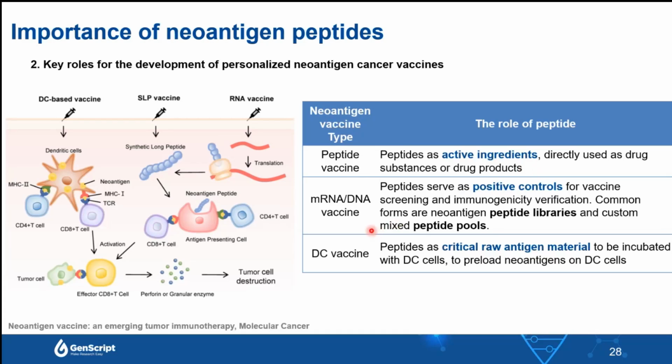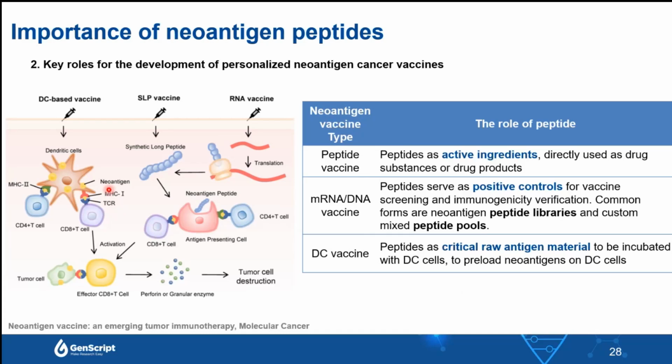And if you are developing an mRNA vaccine or DNA vaccine, neoantigen peptides can serve as positive controls for vaccine screening and immunogenicity verification. And for DC vaccine, the peptides are the crucial raw antigen material, which will be used to incubate with the dendritic cells.